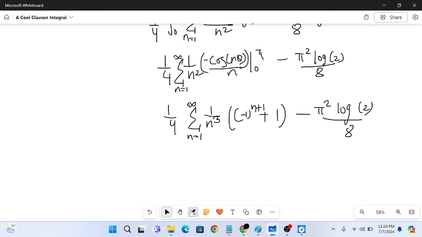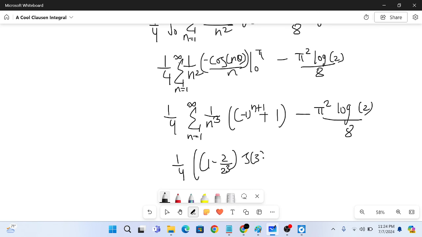Now this will be 1 by 4, and this sum will be 1 minus 2 by 2 cube times zeta of 3, and the other sum will just be zeta of 3. And the other part is minus pi square log 2 by 8. Let me make sure the second part is correct, minus pi square log 2 by 8. Yeah, that's correct.